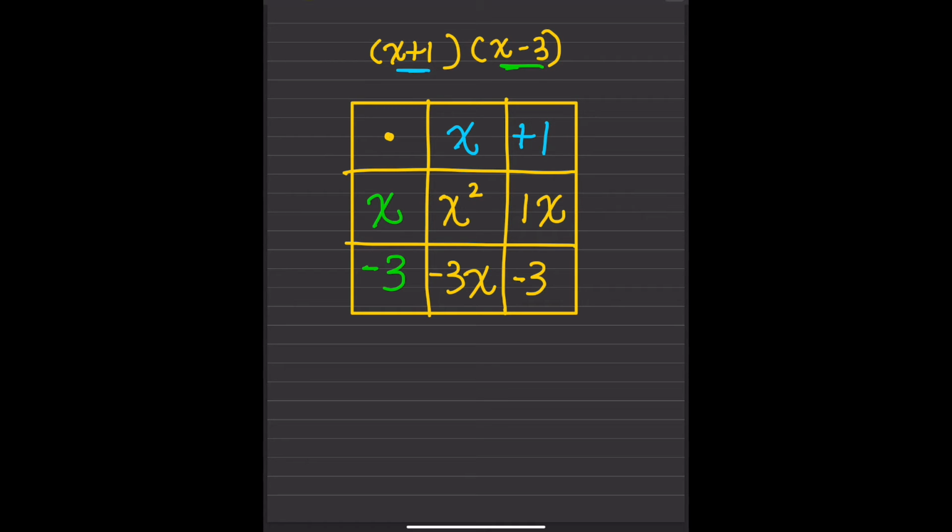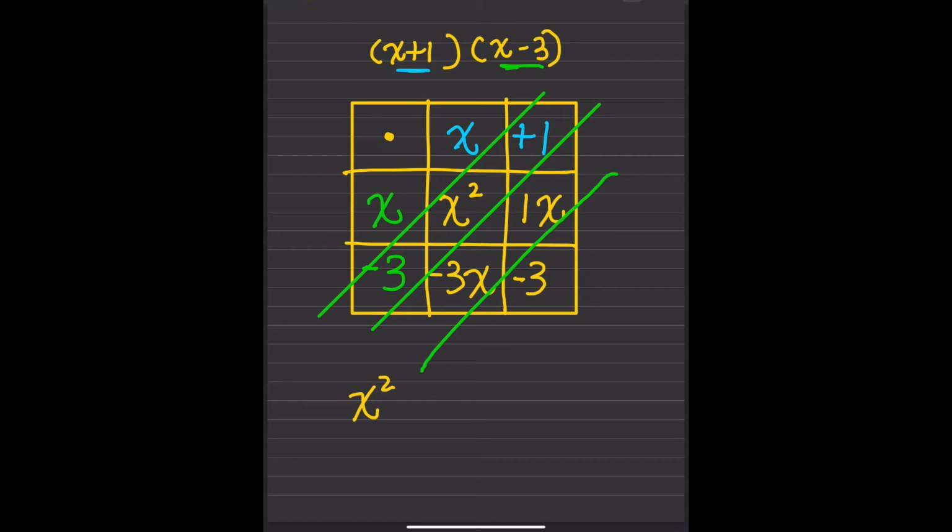And the next thing you do is we go on a diagonal. So what is this showing you? This tells you that this is the first set of terms, so that would be x squared.